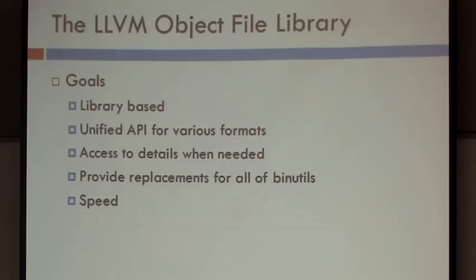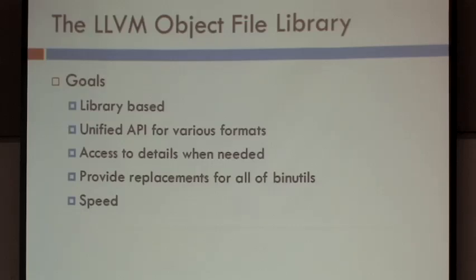So my goals when doing this library were, first, to be purely library-based and have very little code in the actual executable project. Have a unified API for various formats, and provide access to details when needed. Because a lot of these standards are implemented in terms of the specific bits set in specific fields and specific names, like the .pcrel has to have a special name in front of the symbol.